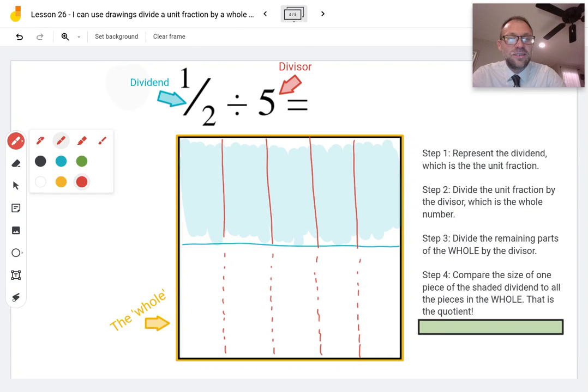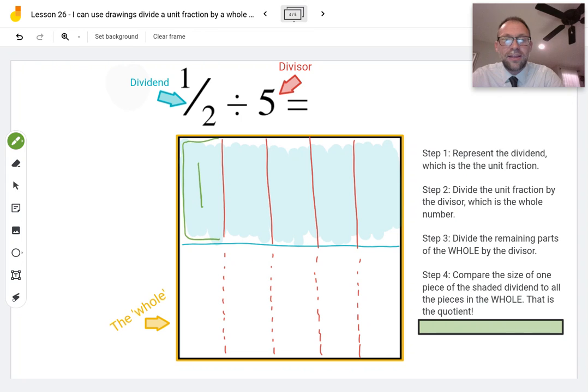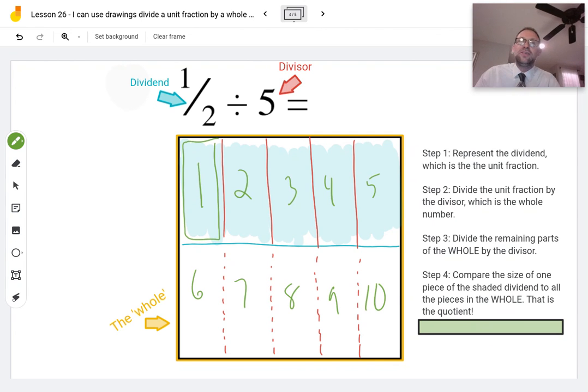Okay, let's see if you're correct. This is one piece right here, right? Out of 1, 2, 3, 4, 5, 6, 7, 8, 9, 10 pieces in the whole.